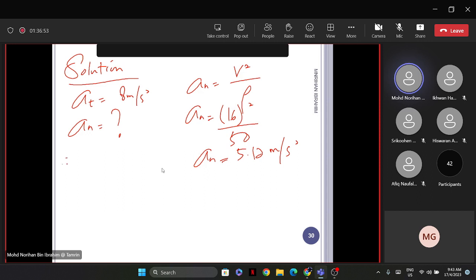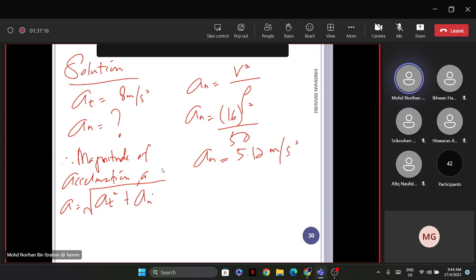And therefore, the magnitude of acceleration A is equal to the square root of AT squared plus AN squared.